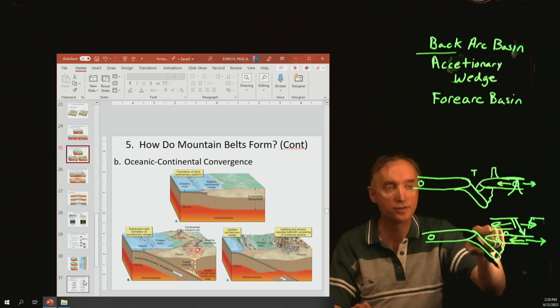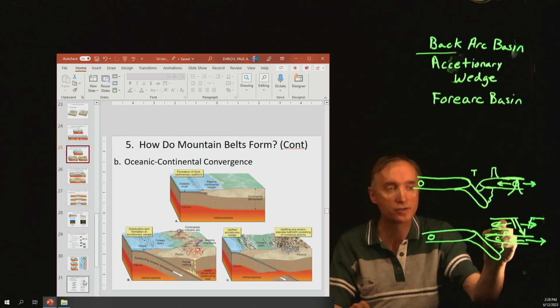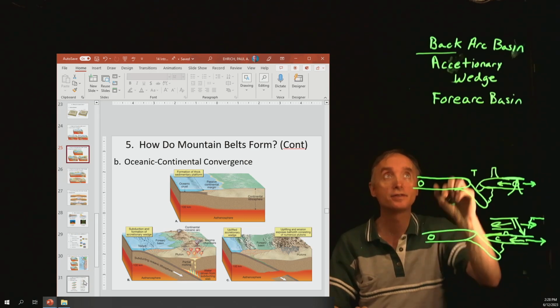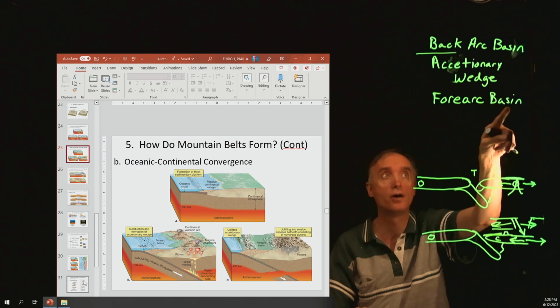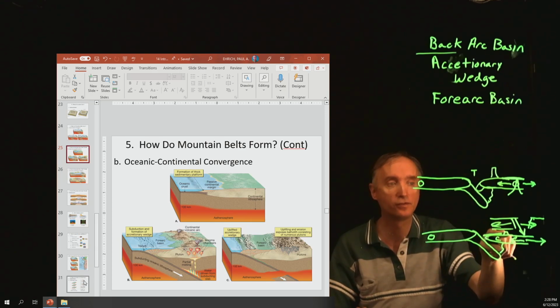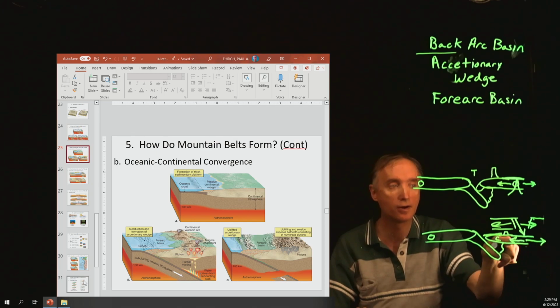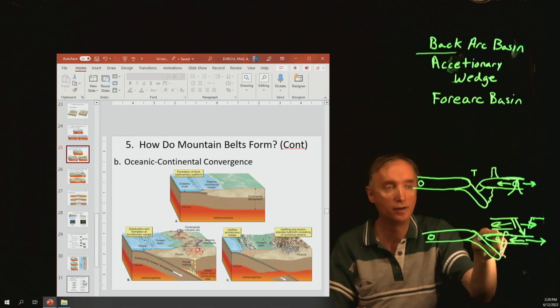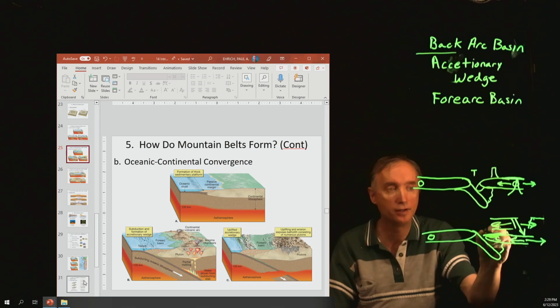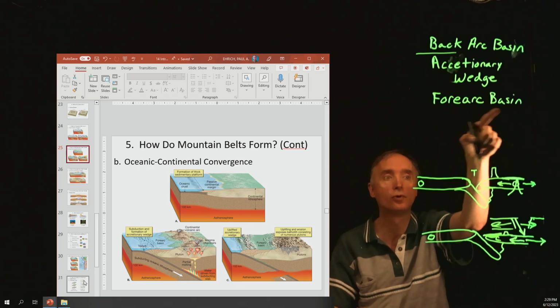But in front of the mountain system, you could have debris that's coming off of the mountains, and it starts to fill in this area right here. That's going to be called the fore arc basin. It's in front of the mountains. So behind the mountains is the back arc basin, but in front of the mountains, where debris off this mountain is being eroded, it's going to fill in this area right here.